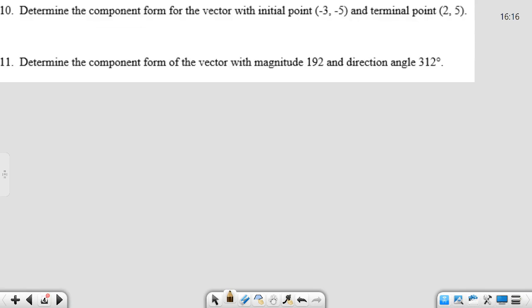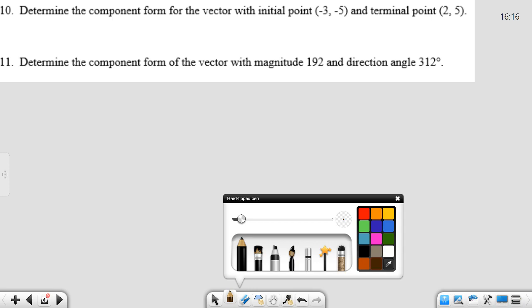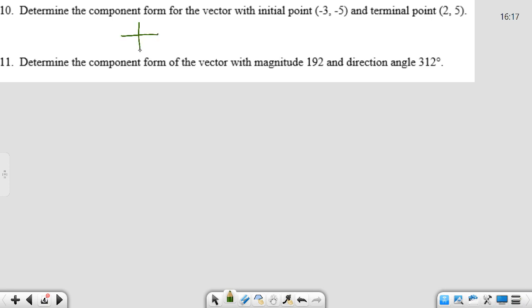Excuse me. All right, number 10, determine the component form of the vector with an initial point of -3, -5, and a terminal point of 2, 5. So for this, I know where I'm starting. I'm starting at -3, -5, and I'm ending at +2, +5. So there's the vector. So we have to take the terminal points minus the initial.